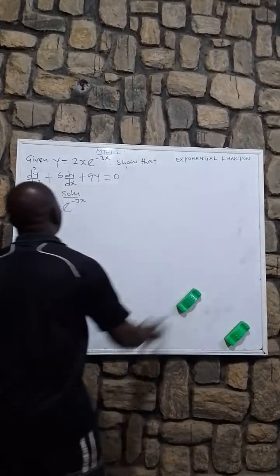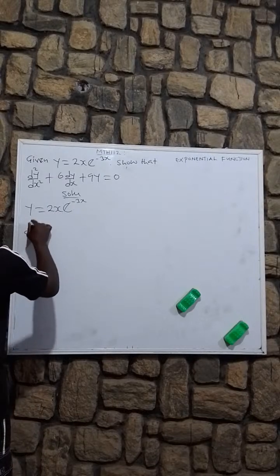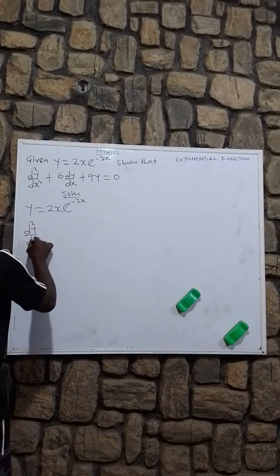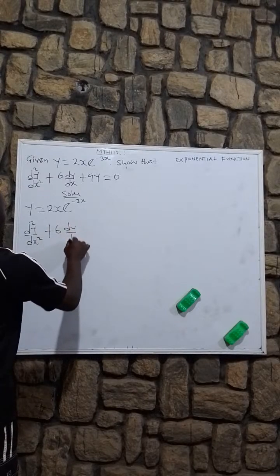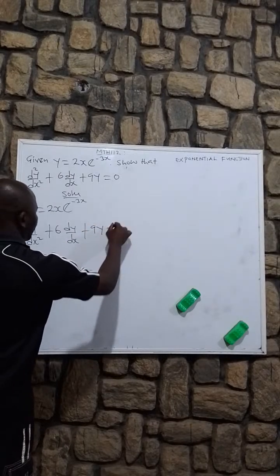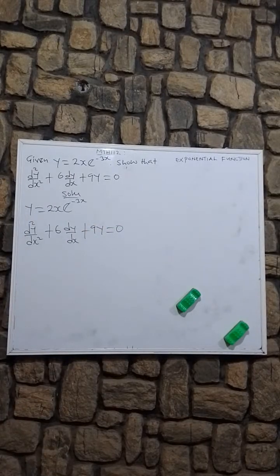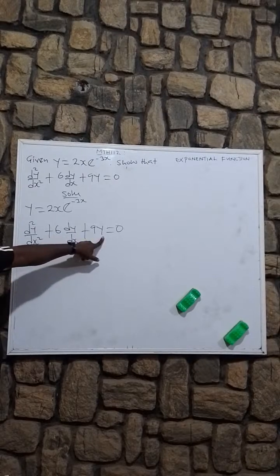So far, so good. So now, this is a differential equation. We have d squared y all over dx squared plus 6 dy all over dx plus 9y equals 0, right? In this differential equation, we have the second derivative, the first derivative, and y.